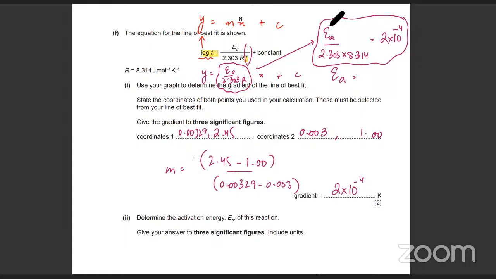To revise, the gradient is 5,000. What is the gradient coming out to be? It was not 2 times 10 power minus 4. What is it? It's 5,000. So if it's 5,000, no, it's actually 5,000. So solve for EA now.